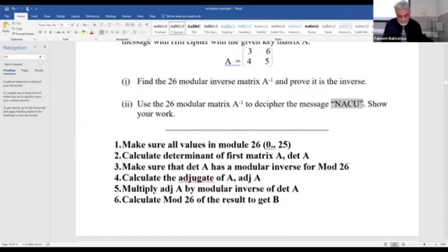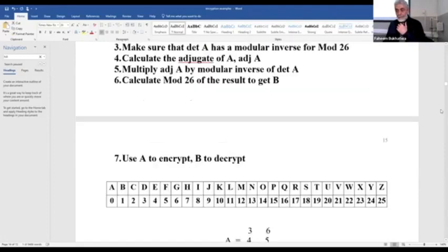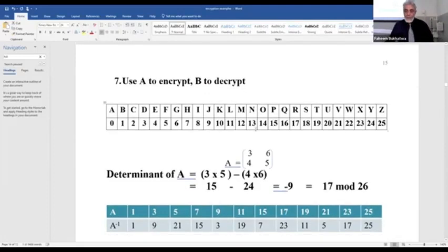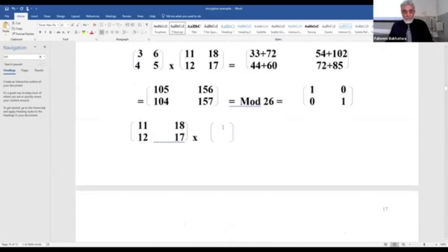According to this one, N is 13 and A is 0. So that's N. I'll just write N here somewhere. It should not be written, but I'll write it. What's that? 13, is it? And A is 0.